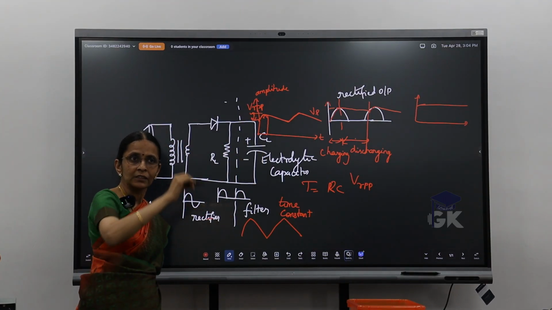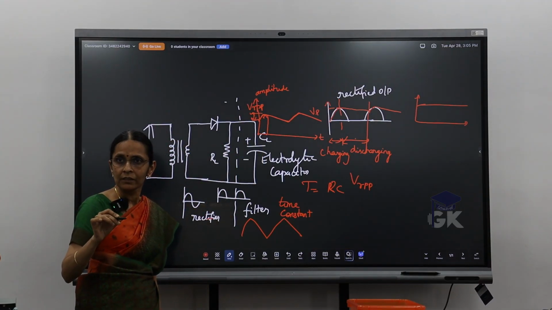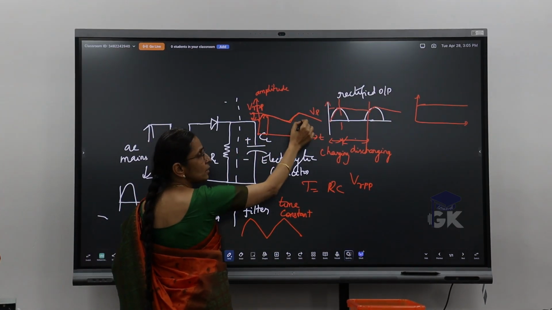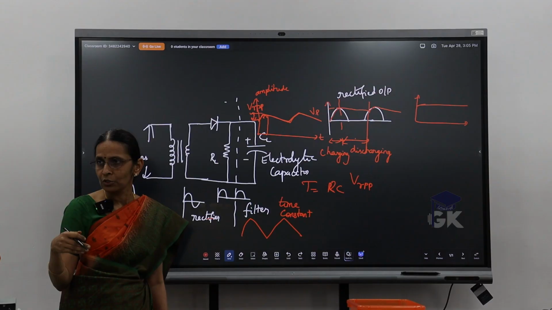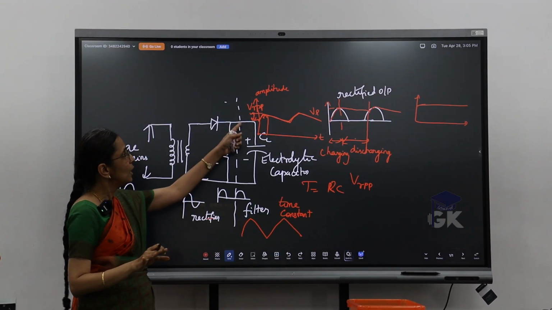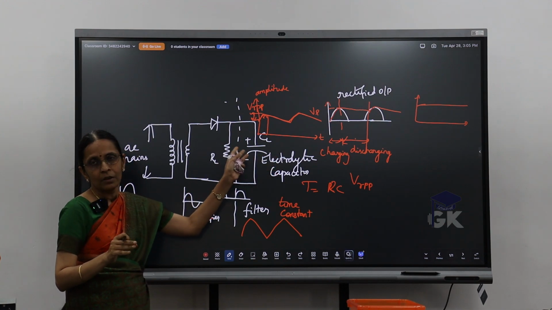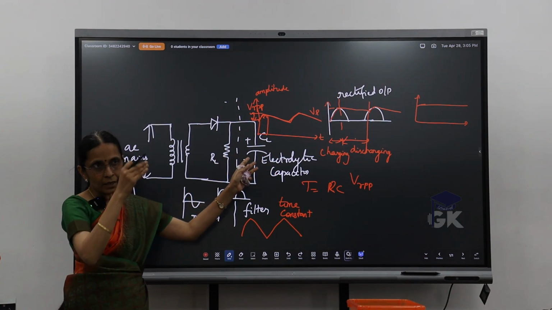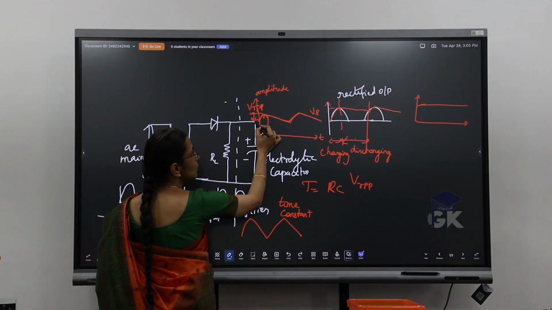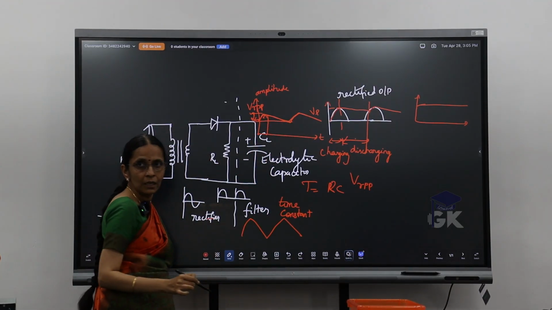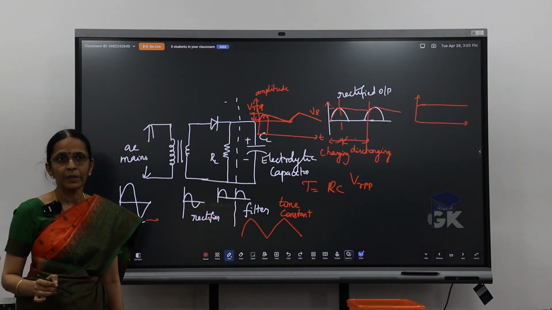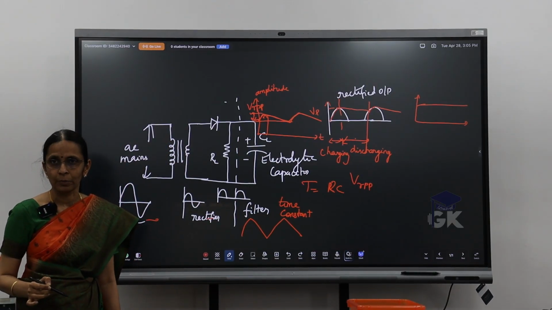But what's happening is still I have my AC signals present in the form of, you can as well say, a triangular shape. That's how we will derive the equations also. Anyway, derivation is not part of our syllabus here, so we will assume it to be a triangle and then derive the equations for it. So this is nothing but my ripple voltage, and it will be given by the notation VR peak to peak, that is ripple peak to peak.